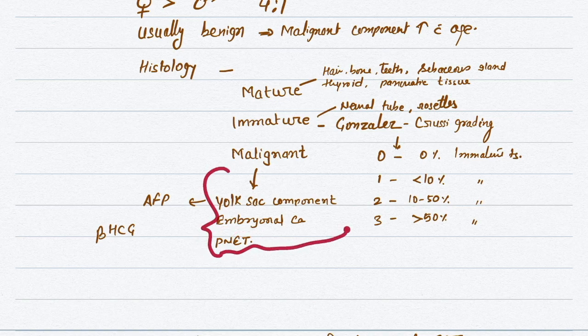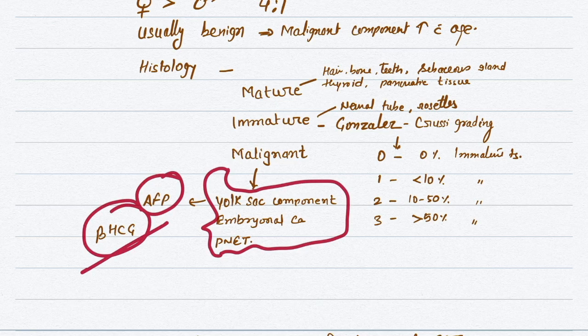Malignant components usually secrete alpha fetoprotein and beta HCG. So measurement of these proteins in serum is helpful for the detection of relapse and to detect any malignant tissue in the teratoma.